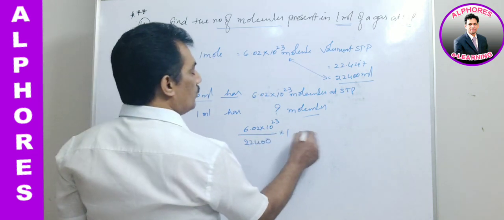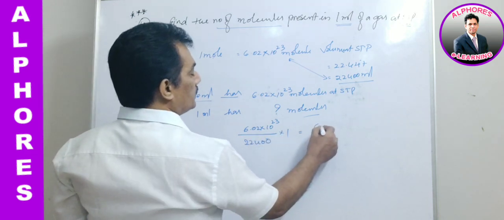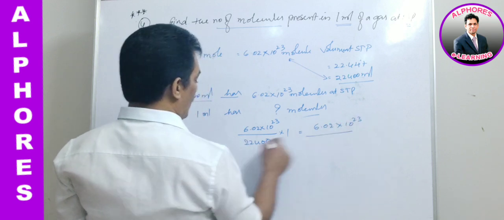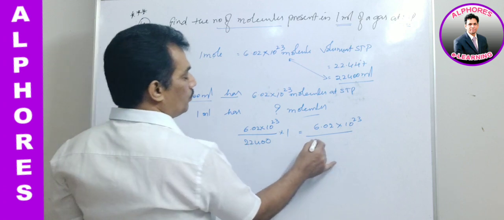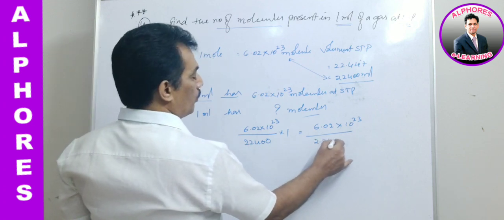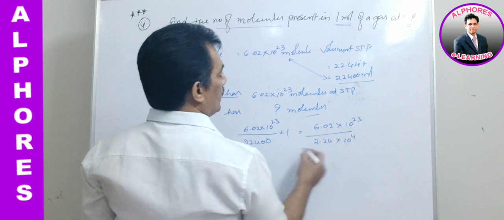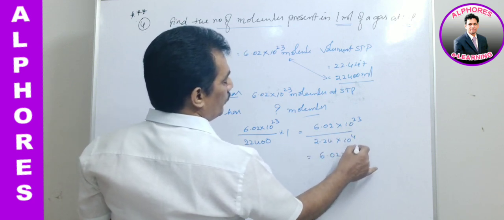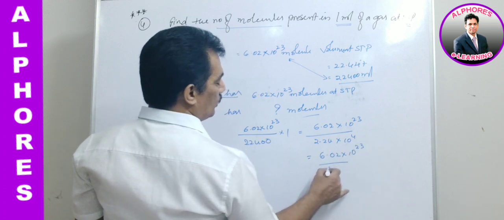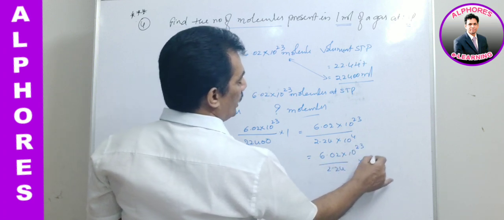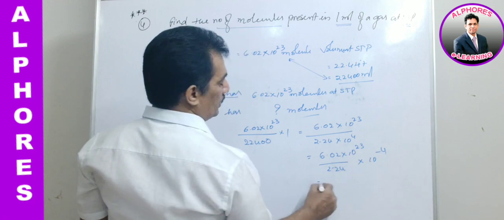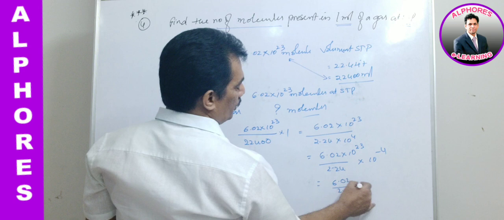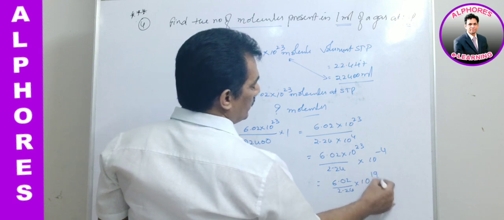Whatever the answer you are getting, that is nothing but we can write 6.02 into 10 to the power of 23 by, you can rearrange, 2.24 into 10 to the power of 4, and by taking this above, 6.02 into 10 to the power of 23 by 2.24 into 10 to the power of minus 4, that is 6.02 by 2.24 into 10 to the power of 19.